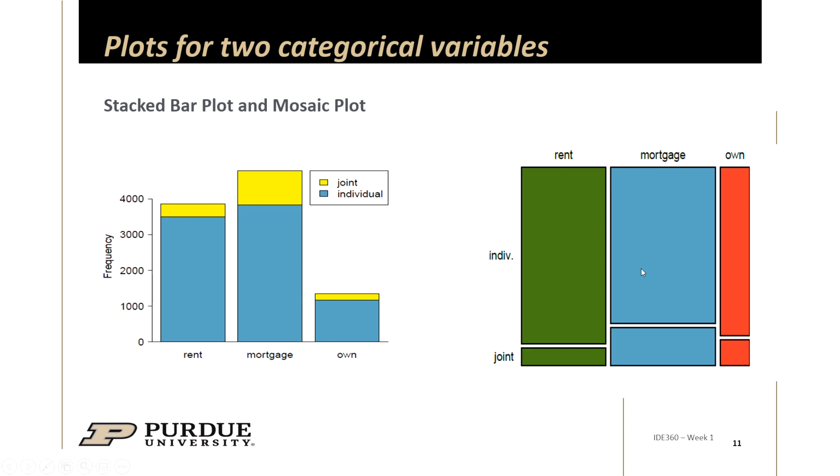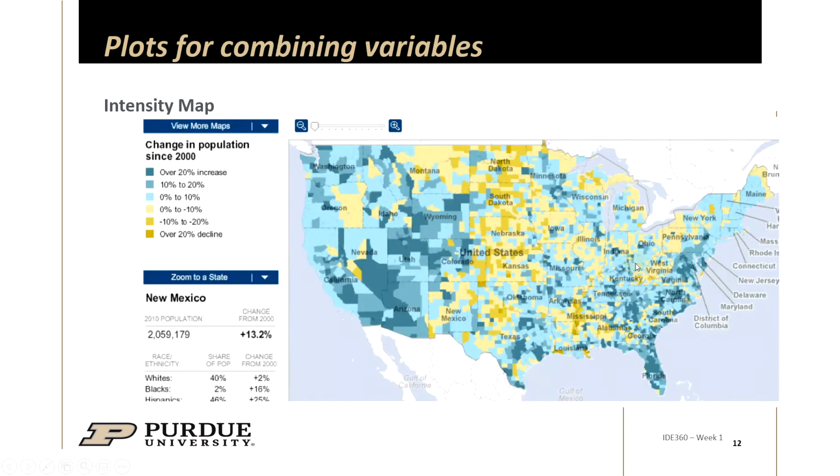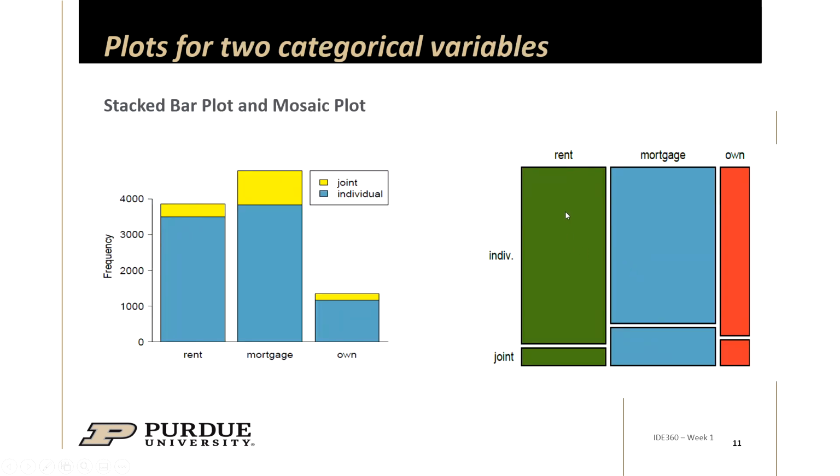And then this is a mosaic plot, which basically represents proportions. So you have the different categories of the original categorical variable, and then you infuse the second categorical variable, but all of these are considered proportions. So basically this is 100% of the rent observations, and then they are split in terms of the proportion of which one belongs to which category, and then the same thing with the mortgage and the same with own.